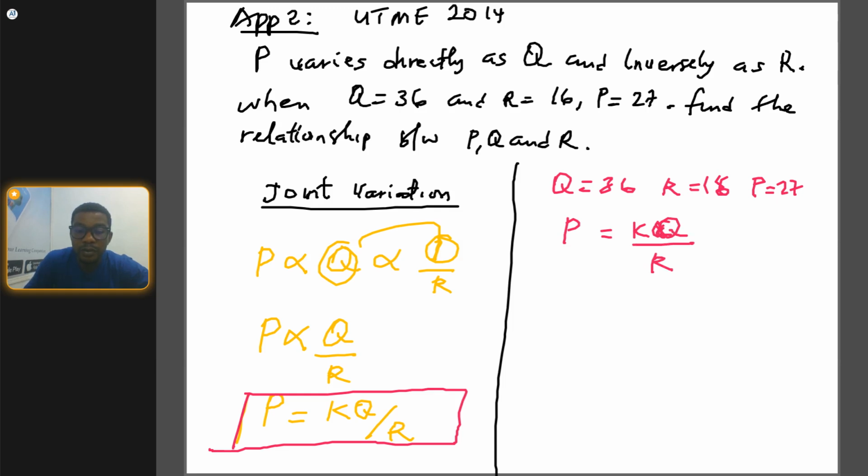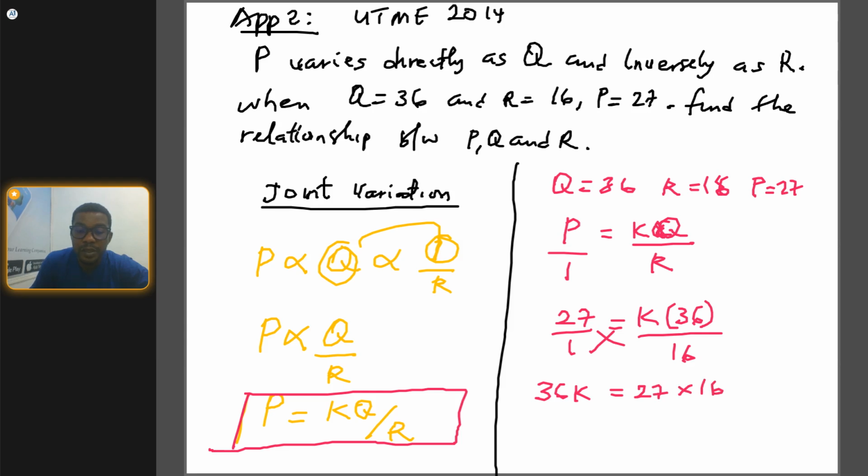To get the value of K, we have P equals KQ over R. Let's substitute the values. P is 27, that means I have 27 over 1 equals K in brackets, Q is 36, so I have 36, close the bracket, over R. R here is 16. So by cross multiplication, I'm going to have 36K equals 27 times 16.